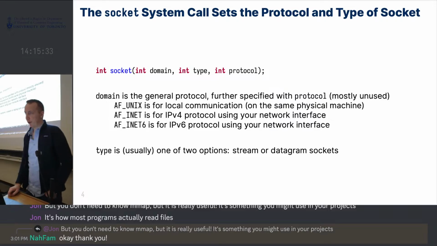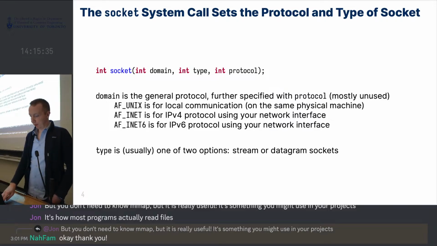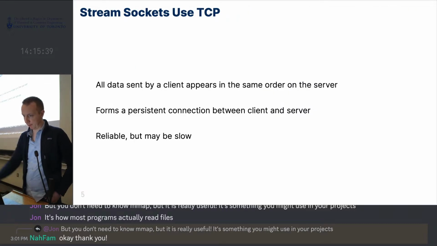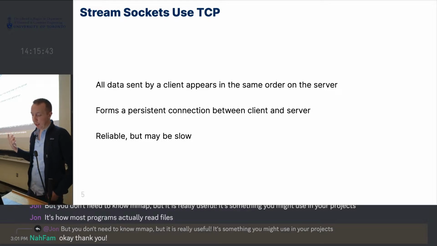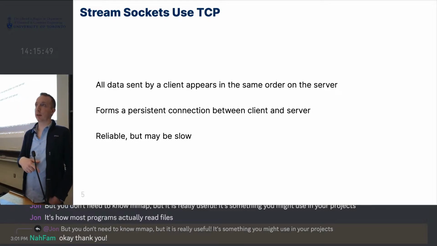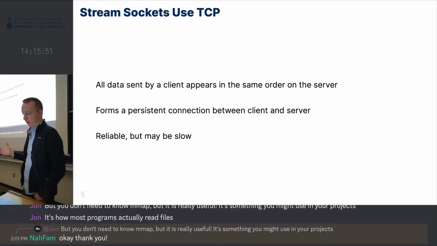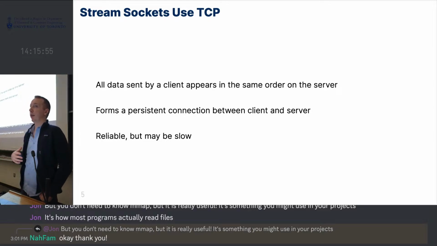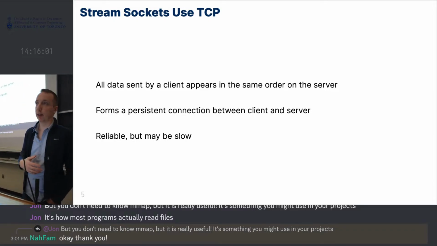So stream sockets are like TCP connections, datagram sockets are like UDP, and we'll go into that in a little bit. Like I said, stream sockets use TCP. That means all data sent by the client appears in the same order in the server, and you form a persistent connection between them. As soon as that connection gets interrupted because someone pulls a network cable or something like that, you are notified of it and it says lost connection.